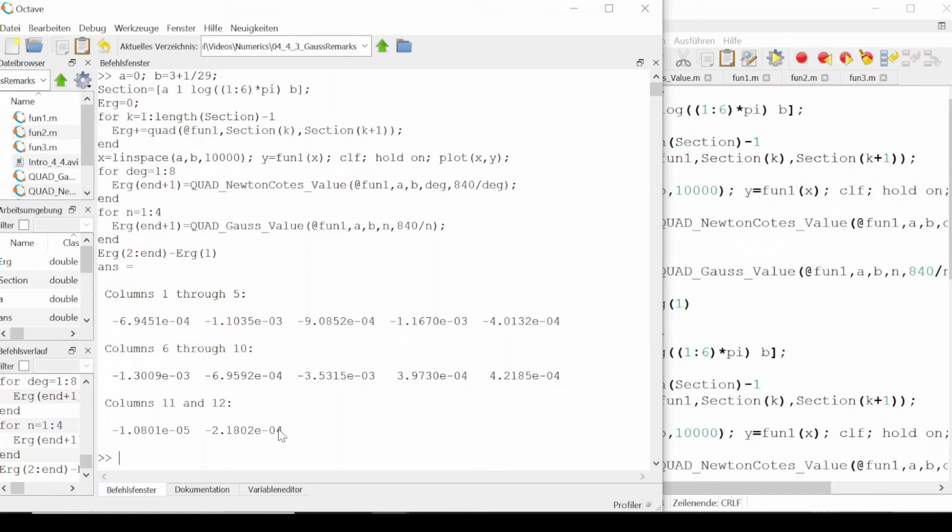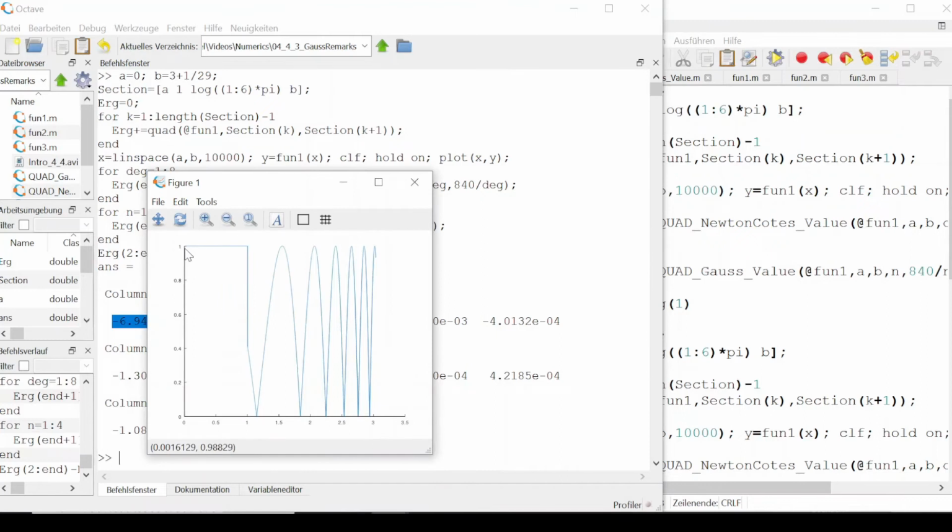And what do we see? Who is the best of all these algorithms? Okay, this is the best result with n is 3, but this is more or less because the evaluation points are by coincidence somehow the best ones. I think this should not be generalized. What we really see is that Gauss quadrature is not better than the trapezoidal rule, and that's what we said for functions with jumps.